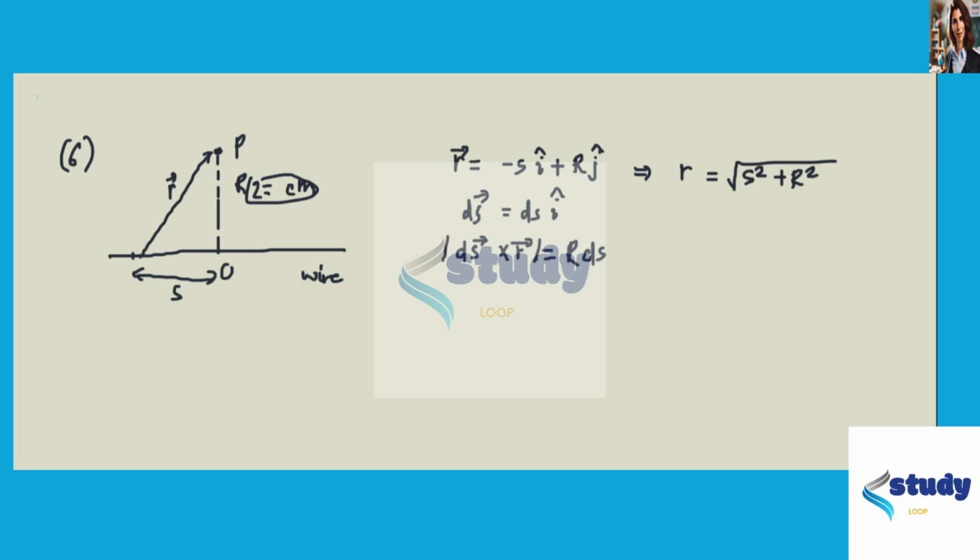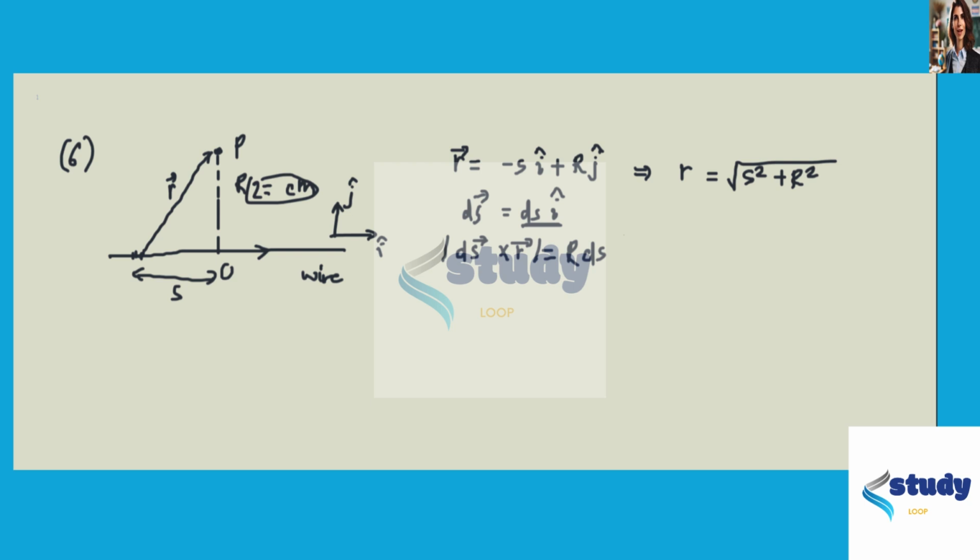So first we write down the vector r from this differential element ds, which is just ds. If the current is flowing in this direction, if we take it as i cap, and this as j cap, then the vector ds is just ds times i cap.